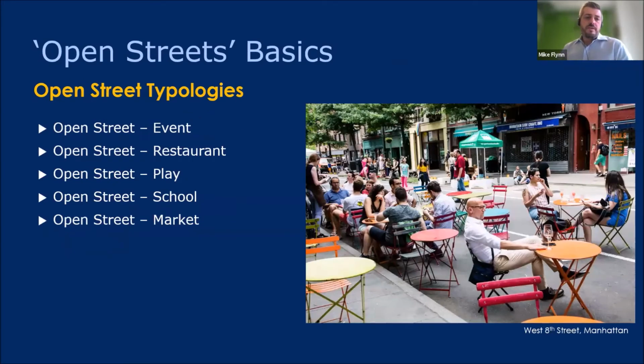So there's a few different typologies for open streets. Some are oriented towards a specific event, like the Ciclavia we mentioned, or maybe a street fair. Others we've seen, especially during the pandemic, even in some of the local communities here in the capital region, to allow for outdoor dining. We've seen open streets to support outdoor play.